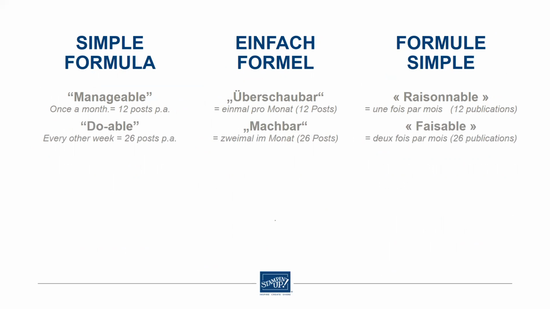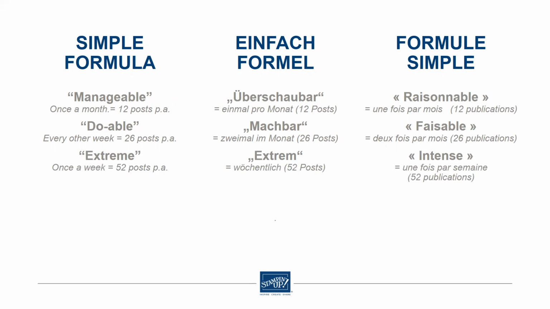Doable could be to post something every other week, every fortnight, covering 26 weeks per annum. Or how about extreme? Posting once a week, 52 weeks, meaning 52 posts to schedule. Now, don't be fooled.